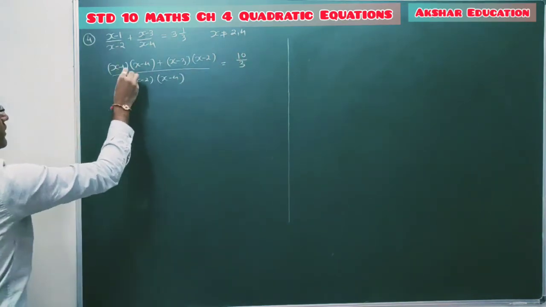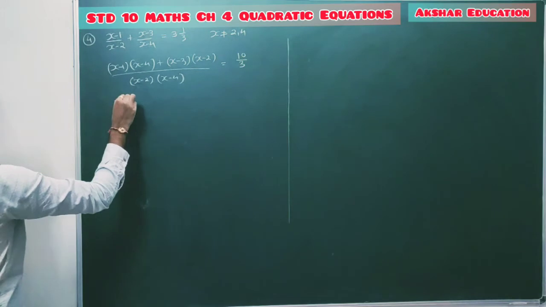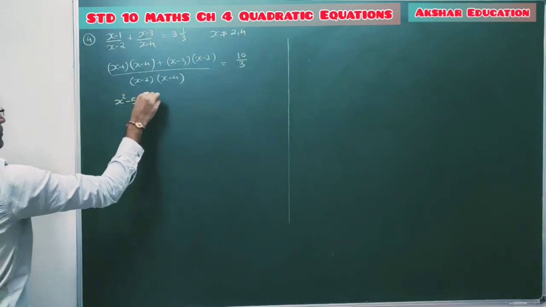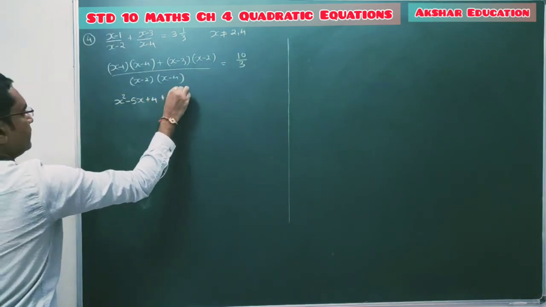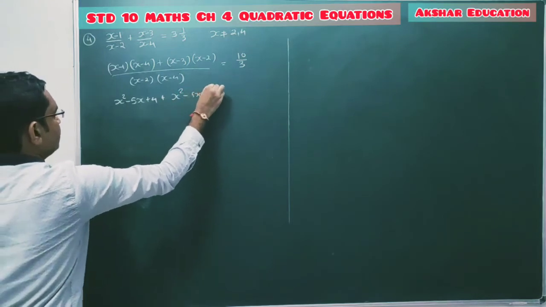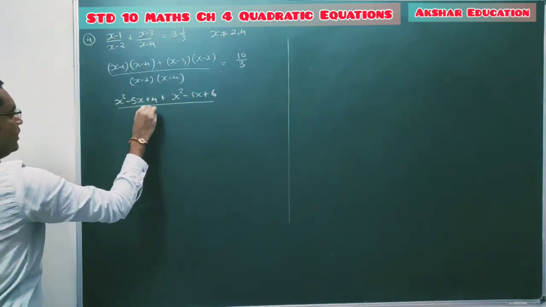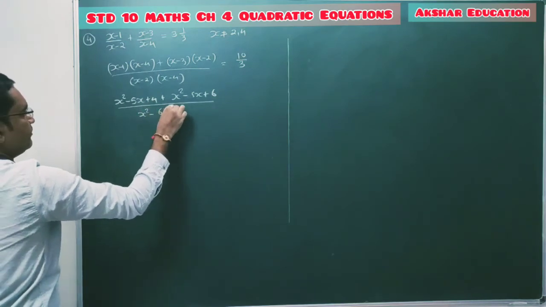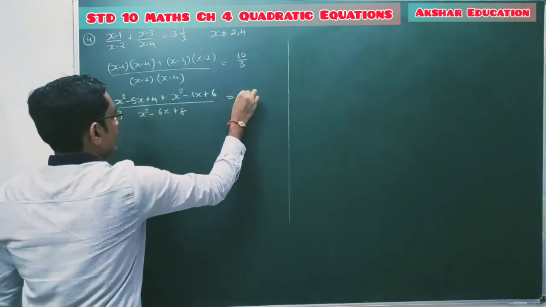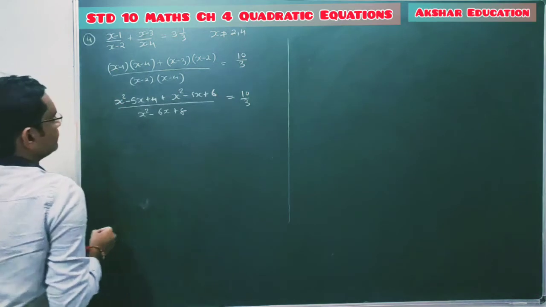Now expansion: this will be x square minus 5x plus 4 plus x square minus 5x plus 6. Denominator, it's x square minus 6x plus 8, equal to 10 by 3.